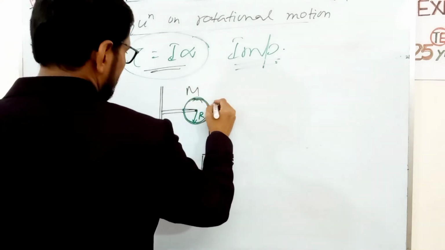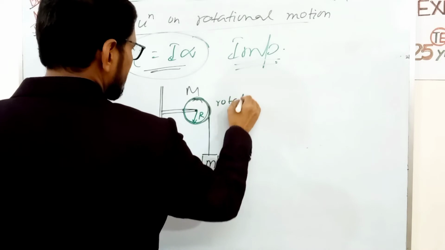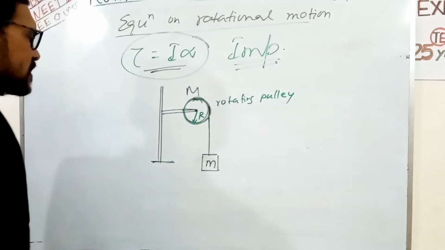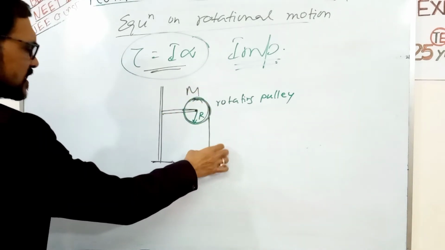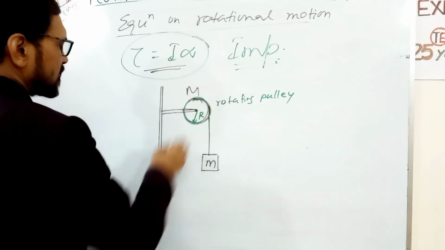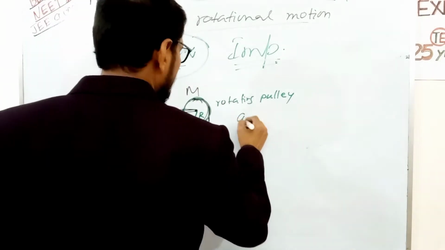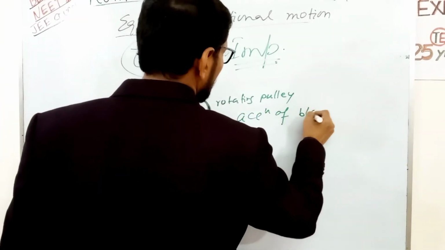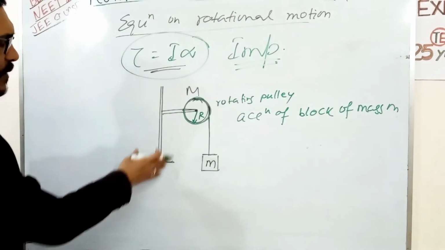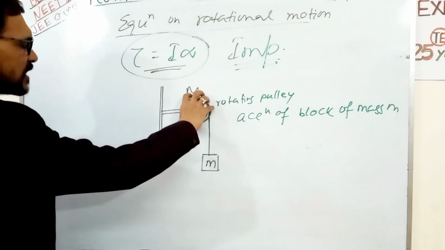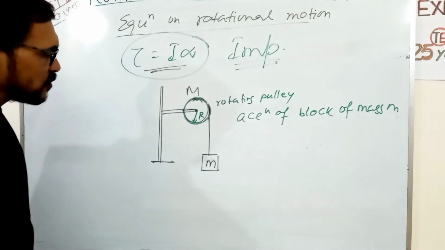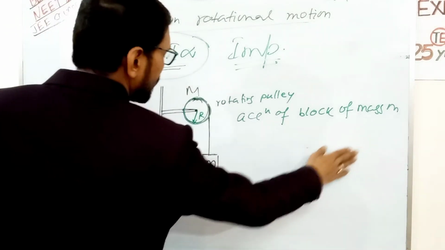This is a pulley, a rotating pulley. When the block is descending, the pulley rotates. What is the acceleration of the block of mass m? This is the question. In this diagram, the pulley can rotate when this block is descending downward.